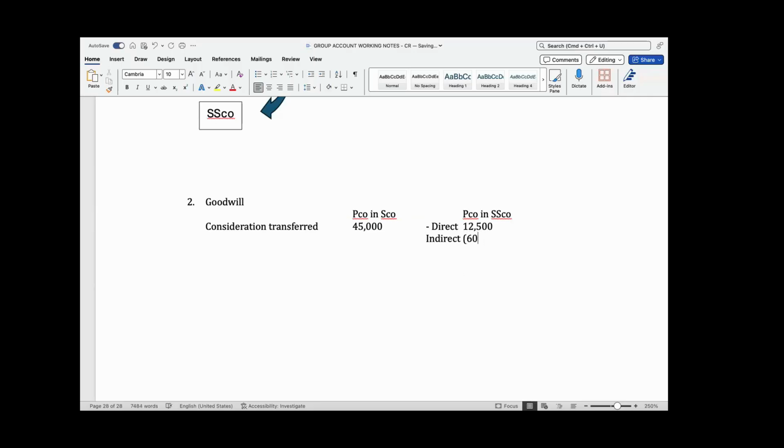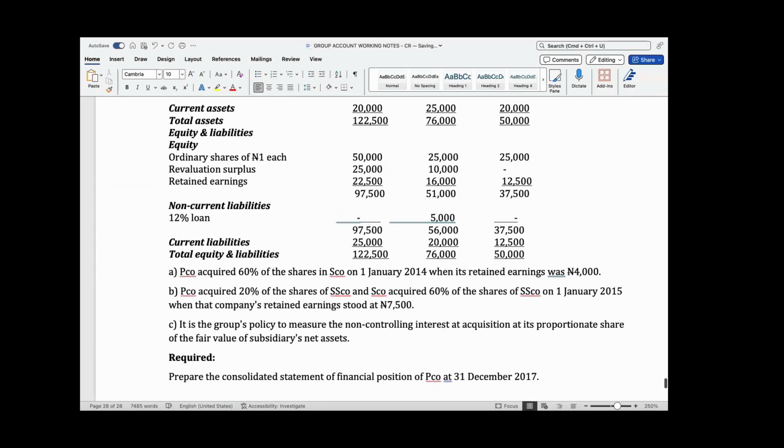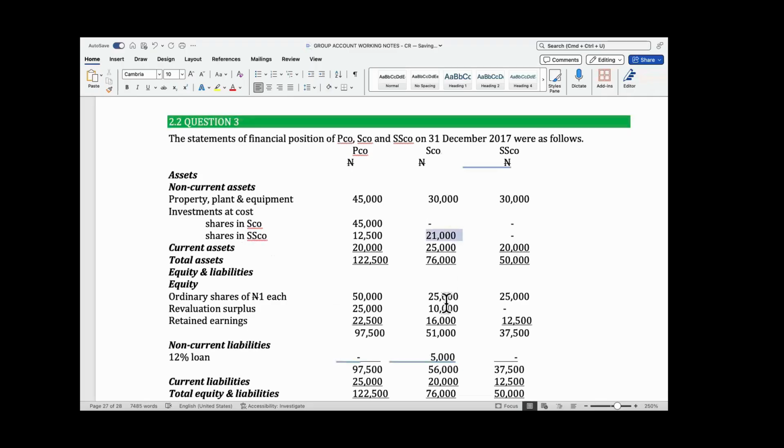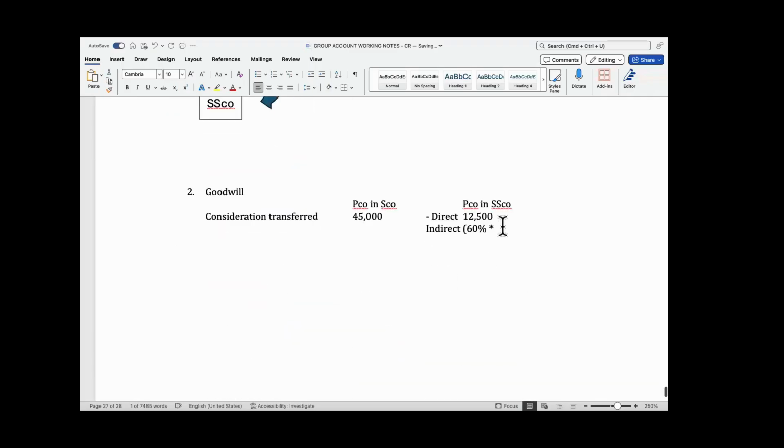That's 60% times 21,000. So how much is that? 12,600. Instead of 21,000, you wrote 12,000, sir, for 60% of 21,000. Can you change that? Okay, yes. So that's 12.6. Again, the value of NCI is at proportionate share.